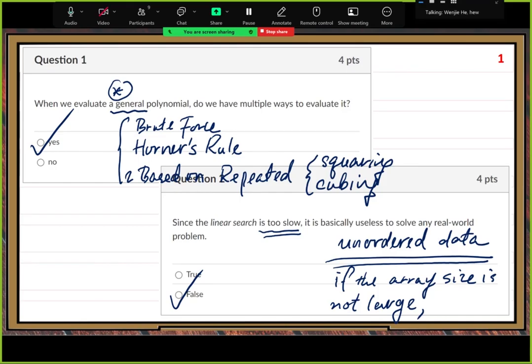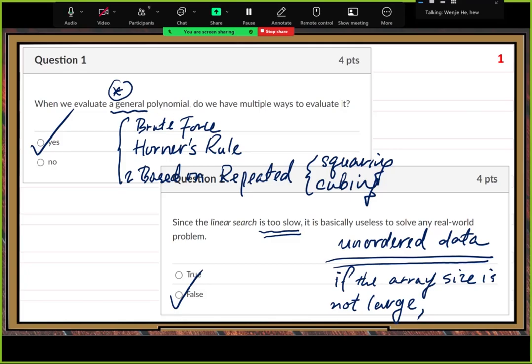Especially if you do it many times. So there are two factors for not sorting. One is the array size is not large.